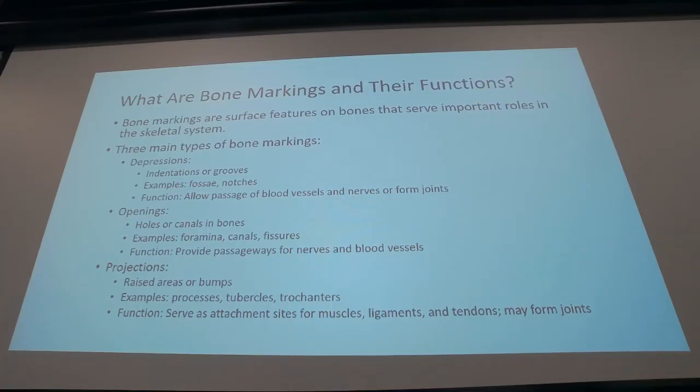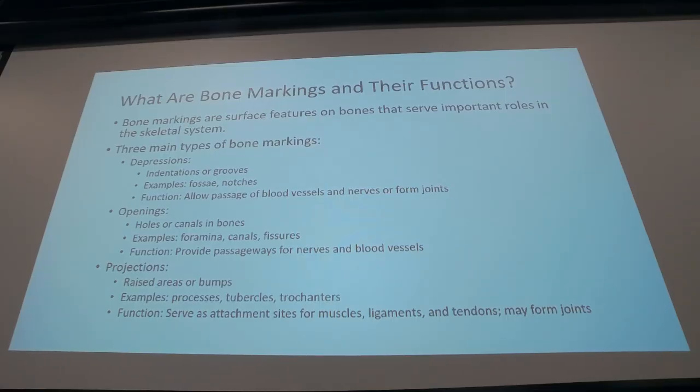We will see some of these examples whenever we start talking about individual bones. We can have openings, which are holes or canals within the bones, and they are helpful for providing a passageway for nerves and blood vessels, similarly to depressions. But these openings do not form joints as depressions do.